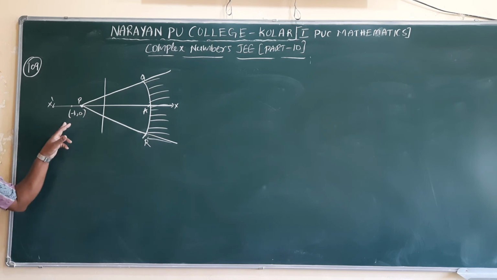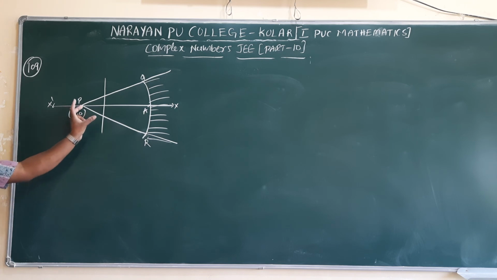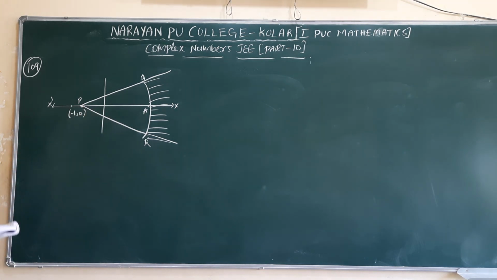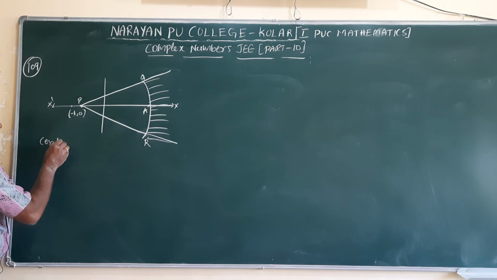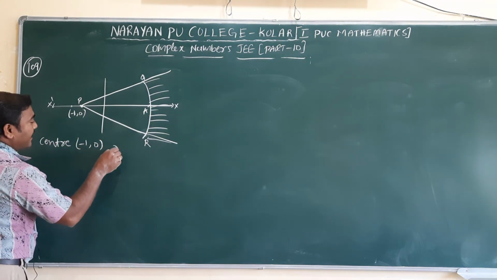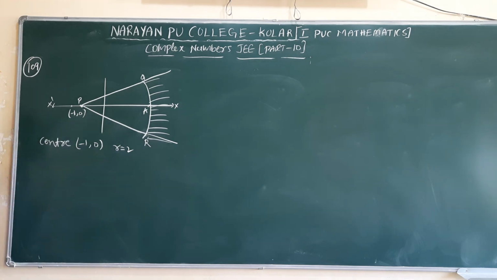Clearly the center should be minus 1 comma 0, and this distance and this distance are equal, so the radius should be 2. So the center is minus 1 comma 0 and the radius is 2.